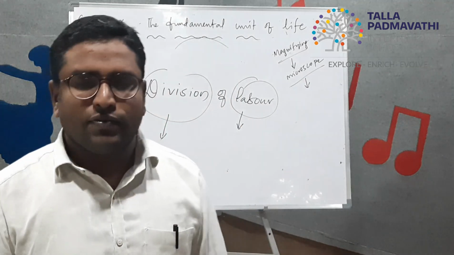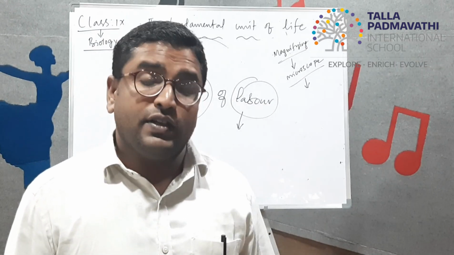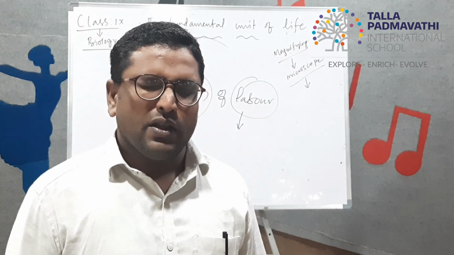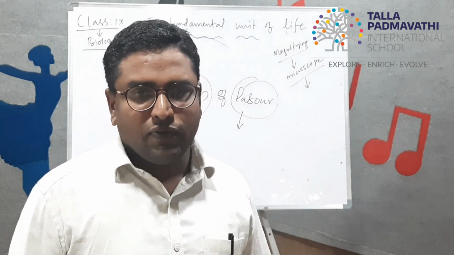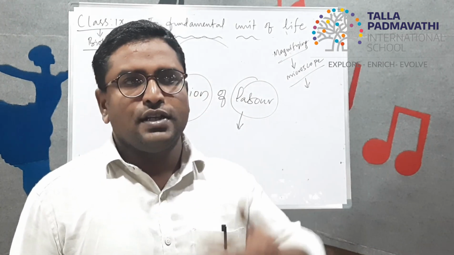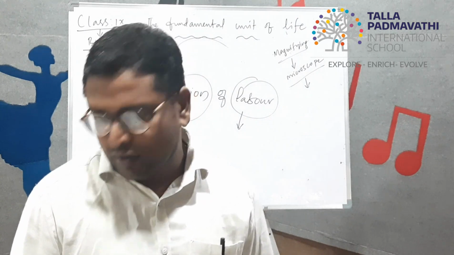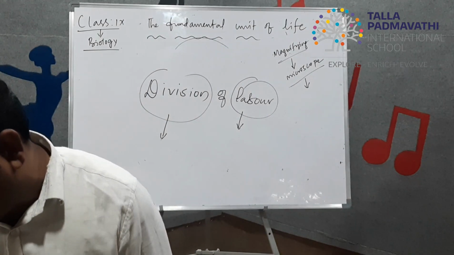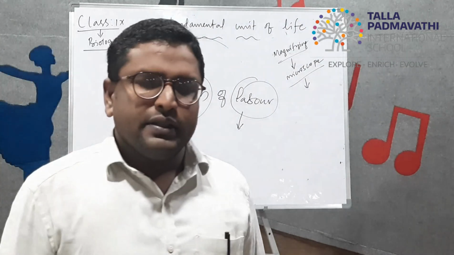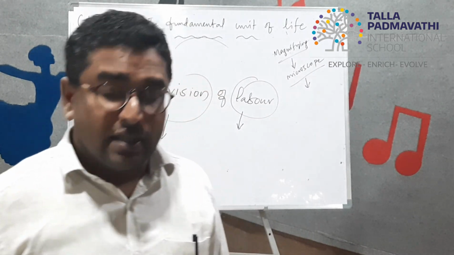Blood cells will perform one function, hepatic cells another, and the different muscle cells another. That is, different types of cells perform different types of functions. That is the major important thing to understand, right? Division of labor.